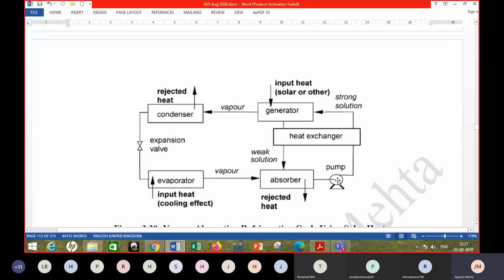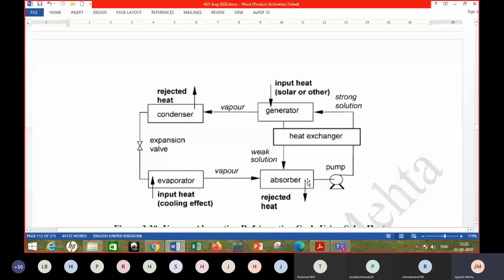Even in Rankine cycle, you many times neglect the power consumed by the pump. So here it may be a little higher than that, because it increases the pressure of the solution, which is more viscous than water, but still it is not very significant.